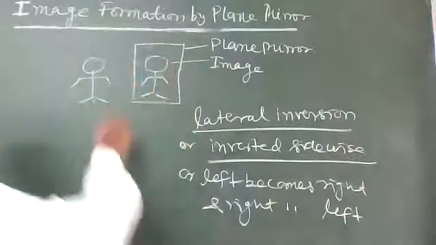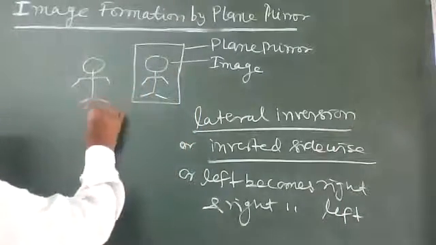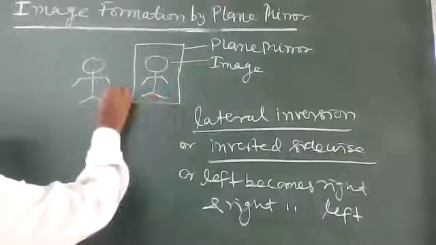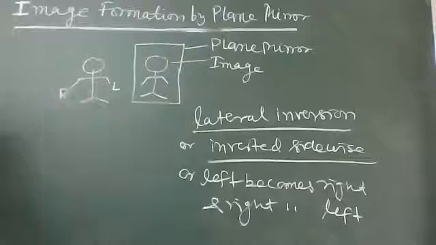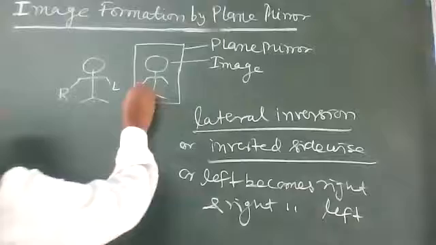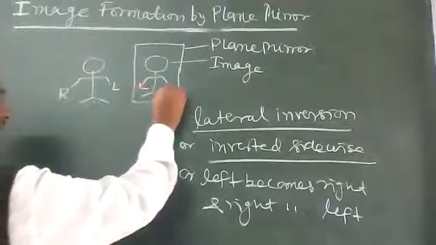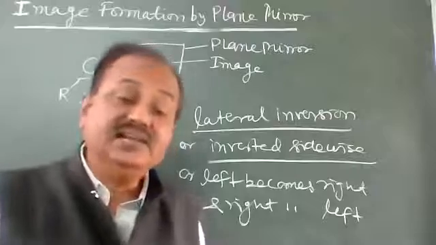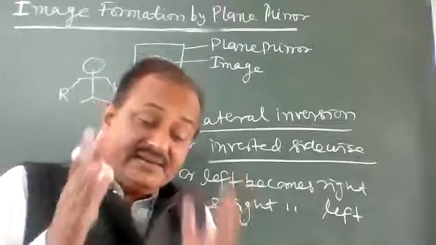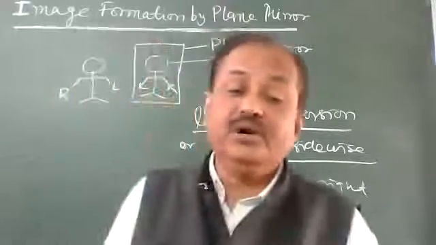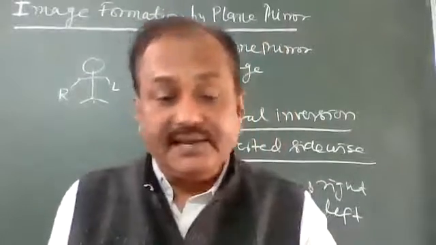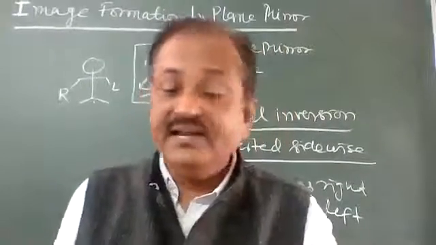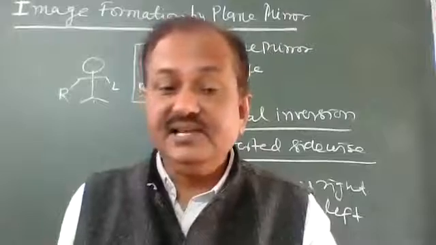Similarly, here it is the hand, here it is left, here it is right. So here in the image, this is left and this is right. So it is called lateral inversion. Lateral inversion is a very important part of the plane mirror. The images are laterally inverted.